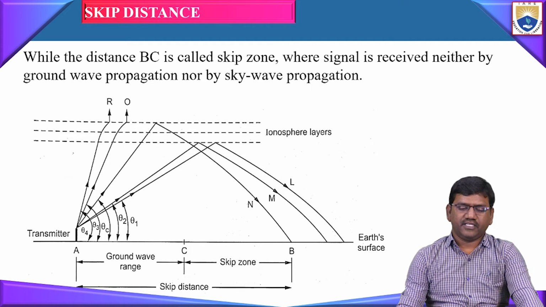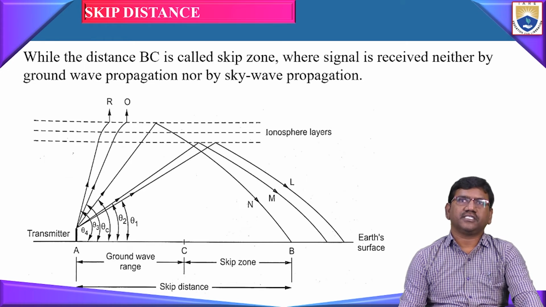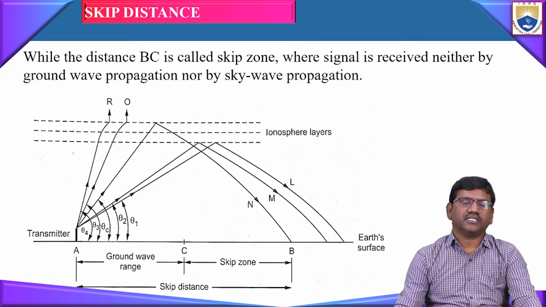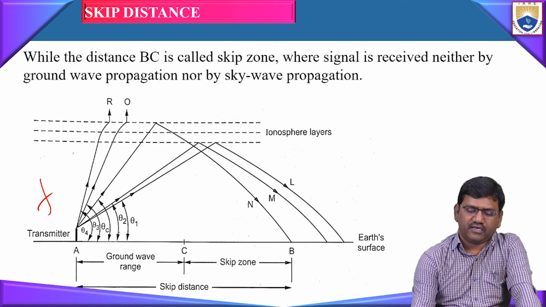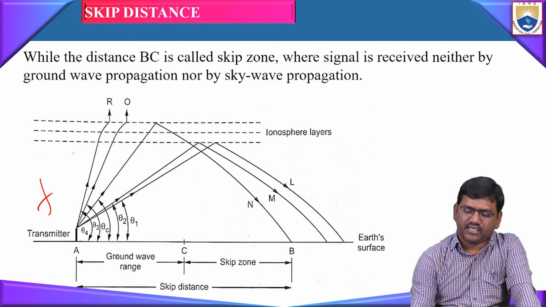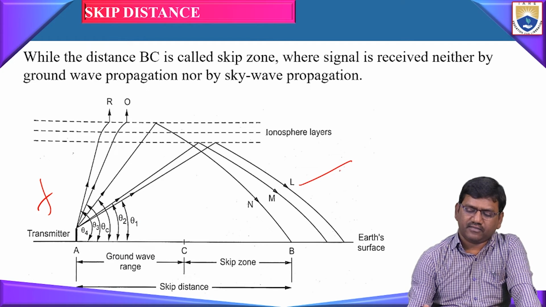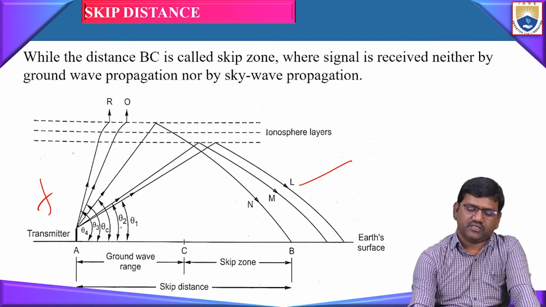So you can see in the figure here. When we propagate, skip distance is nothing but the shortest distance at which a wave is returned to the earth from the ionosphere for a given frequency. So here the frequency is fixed. When we send the transmitted ray with some minimum angle theta 1, the path is the L path here. And if we change this angle of inclination to theta 2, you can see the M path here.